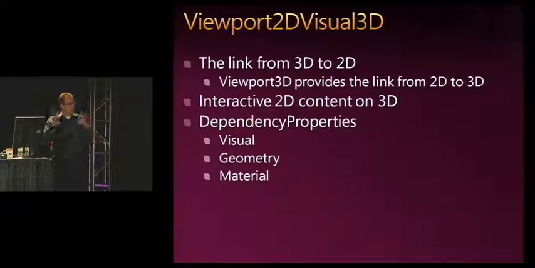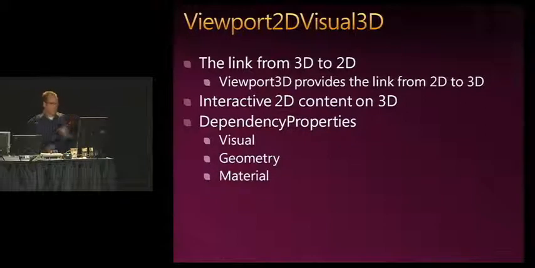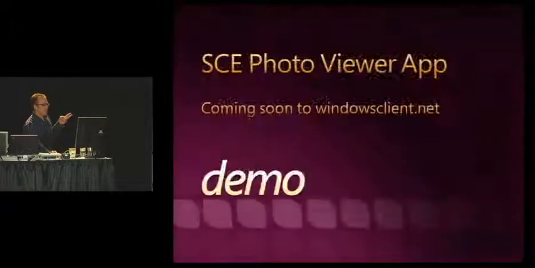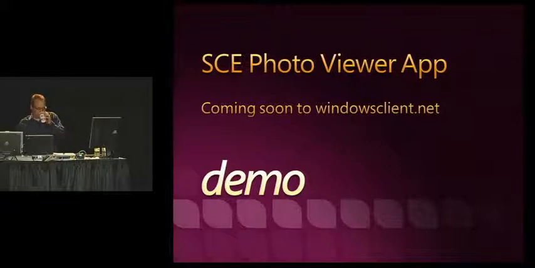Once you're in the 3D space, you drop this visual 3D in there, and this is the portal back into 2D space, and you'll be able to drop 2D controls inside of there. So that's UI element 3D, Viewport2DVisual3D, and that's some great new support for interactive 3D in 3.5.